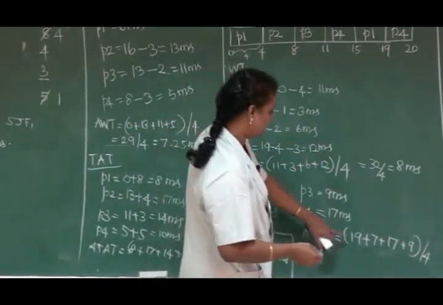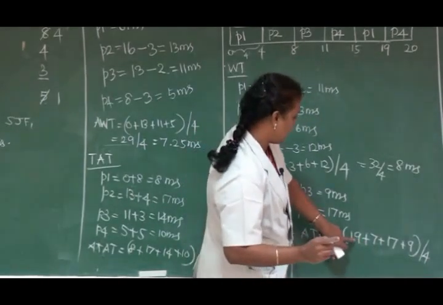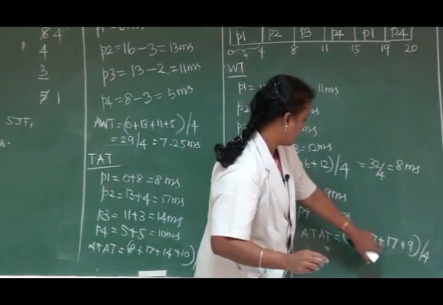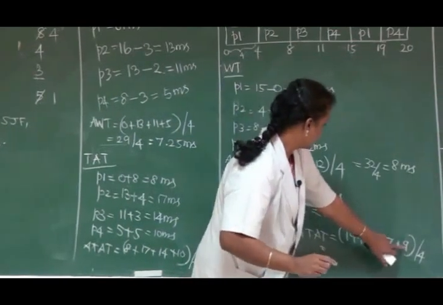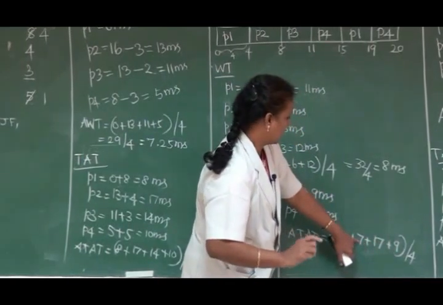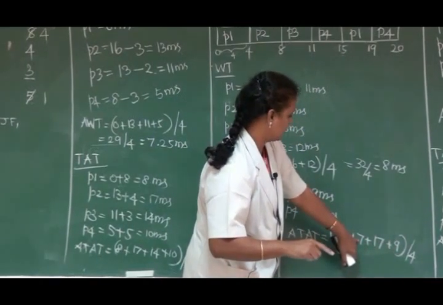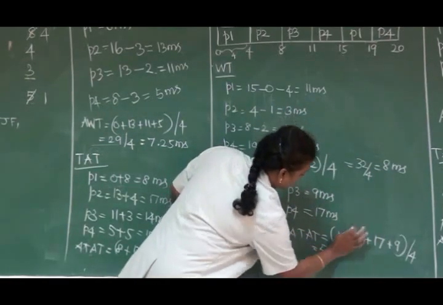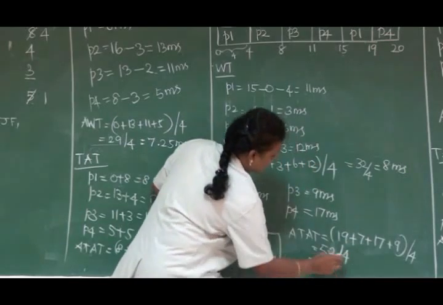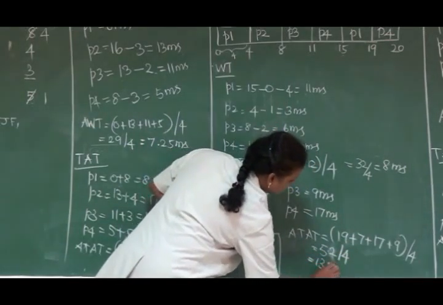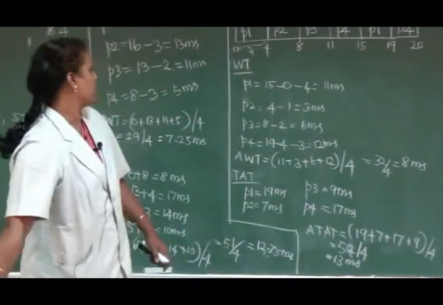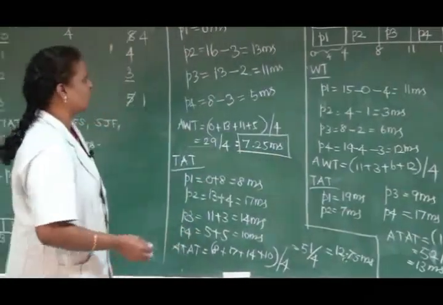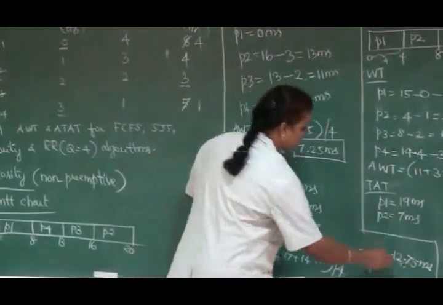So this is equal to 52 divided by 4, which is equal to 13 milliseconds. So now we have calculated the average waiting time and turnaround time for all the algorithms.